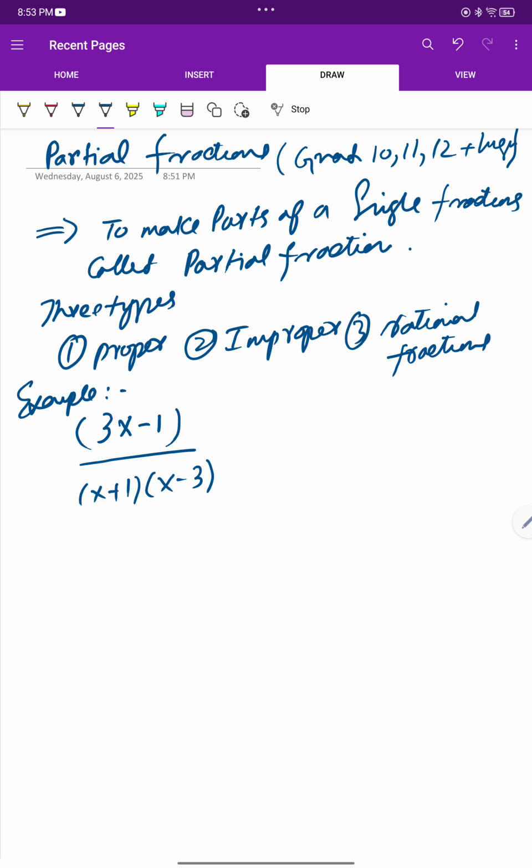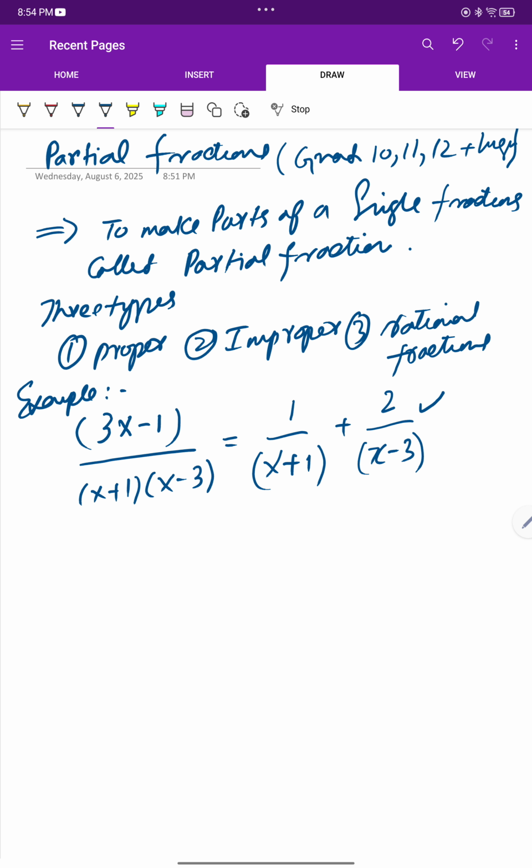So we can write this as 1 by (x plus 1) plus 2 by (x minus 3). So this is the partial fraction. In the exam they're going to give you this, and then you have to find this one.